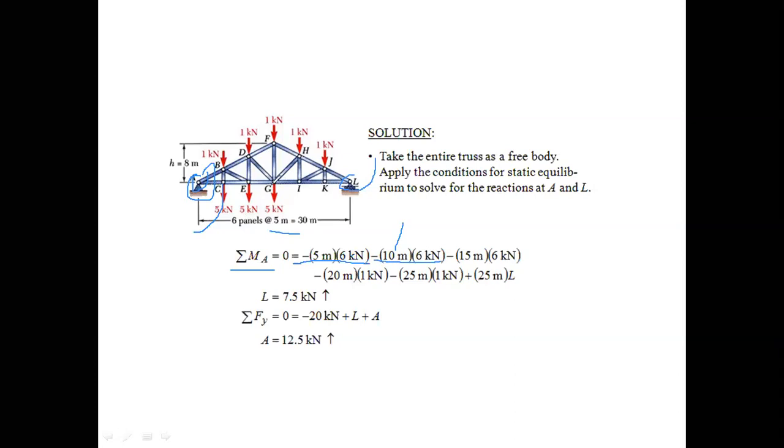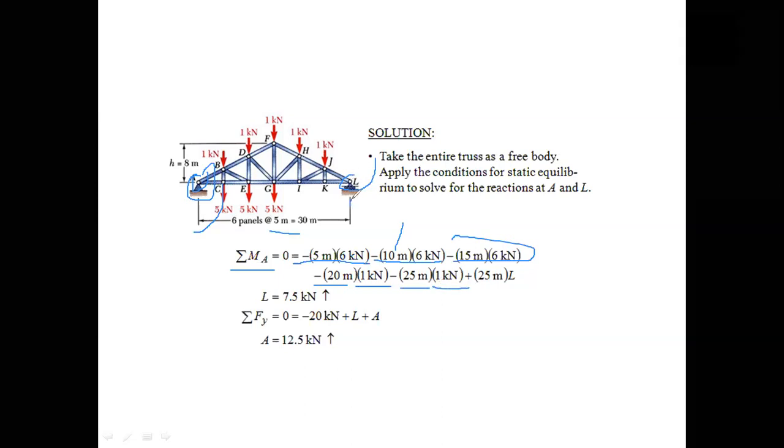At the third point, the load is 6 kilonewton and the distance is 5 plus 5 plus 5, 15, so minus 15 into 6 kilonewton. Now the fourth one, here 1 kilonewton, so minus 20 meter into 1 kilonewton.